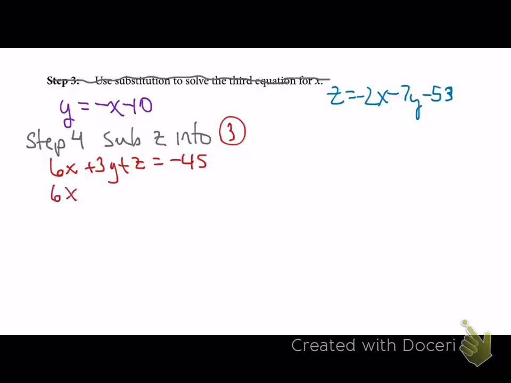So that would give me 6x plus 3y plus, now I'm going to replace my z, which was negative 2x, negative 7y, minus 53, equal to, what was it, negative 45?